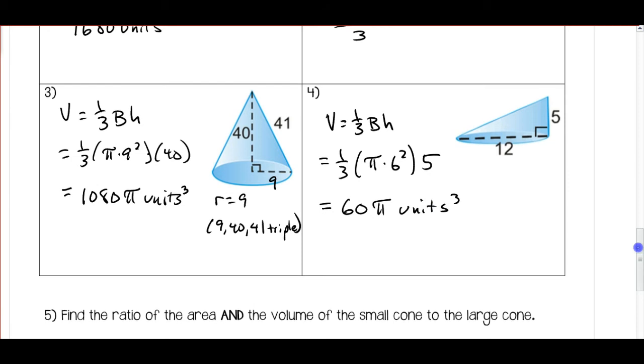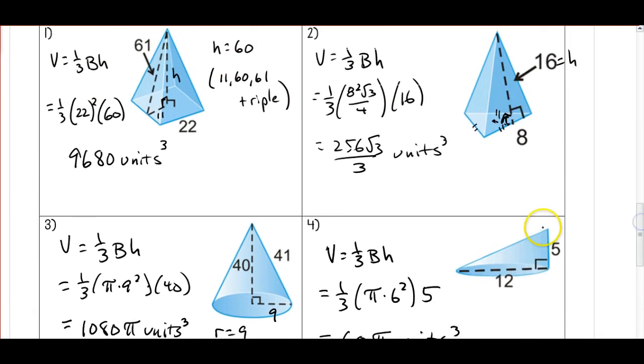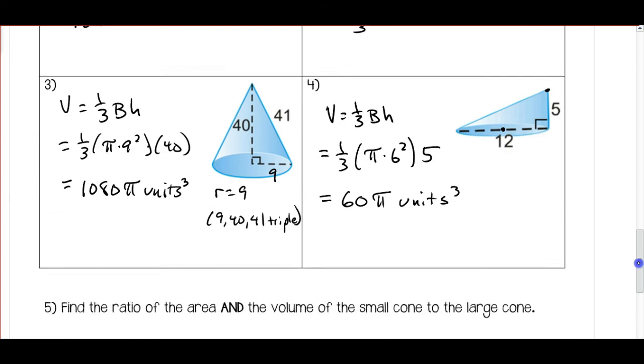So for examples 2 and 4, the vertex at the top was not directly above the center of the base. Most of our examples will be, so this was not right above the center, but it's right above that midpoint of the edge of the base there. But most of them will be more like examples 1 and 3.